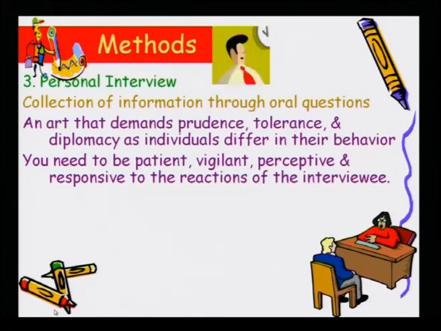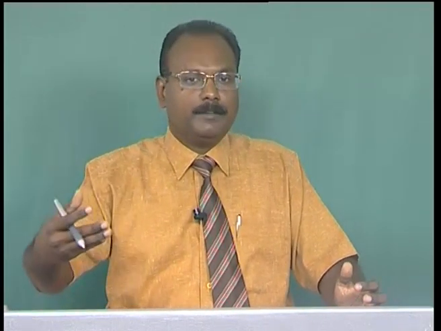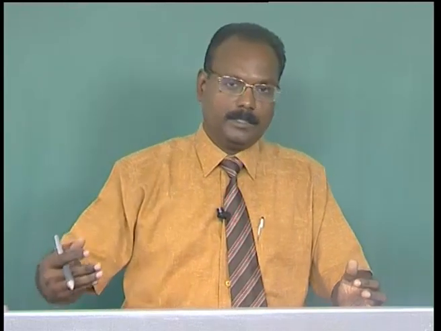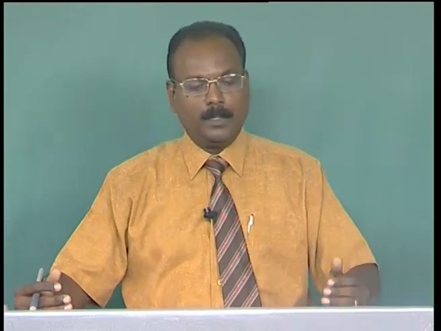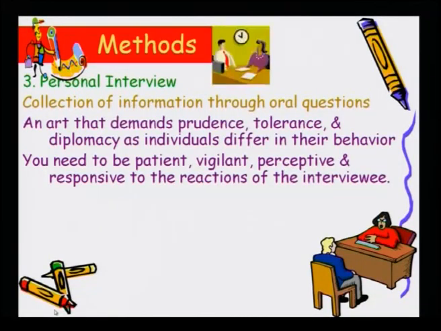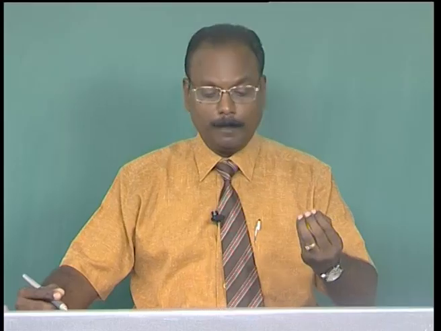One person may be very aggressive, you have to be very polite. Another person may be very introverted, you have to play a very dominating role there to elicit information and so on. Overall, you need to be patient, very watchful, vigilant, very perceptive and very observant in whatever information is coming to you, and you should be responsive to the reactions of the interviewee.